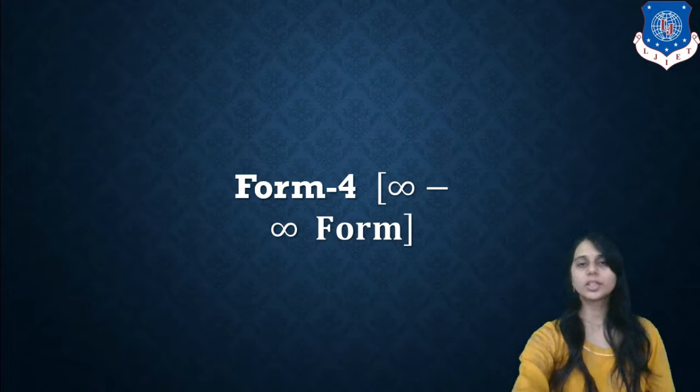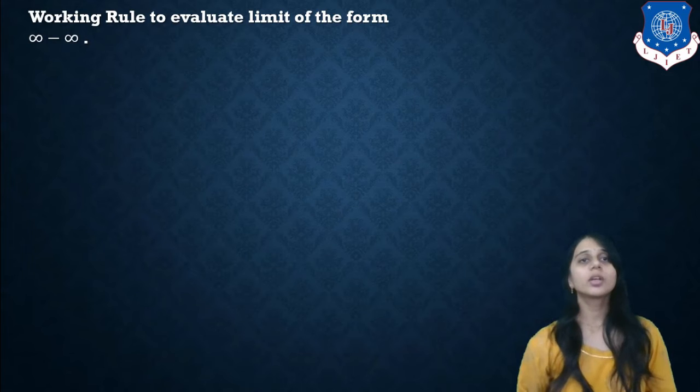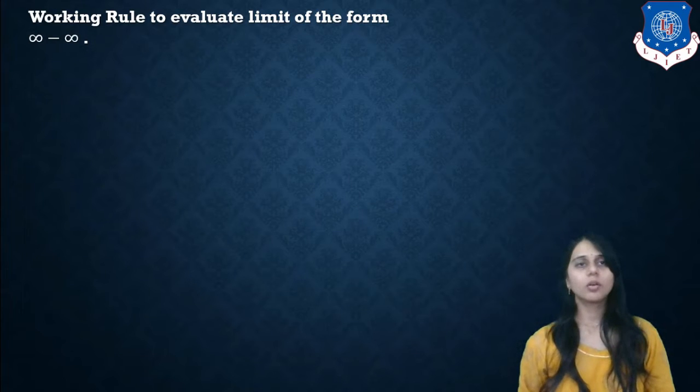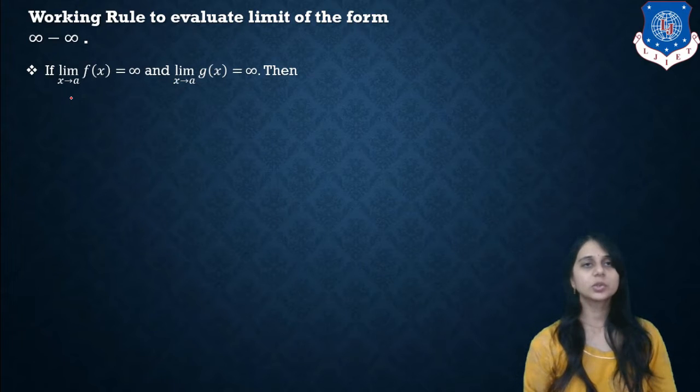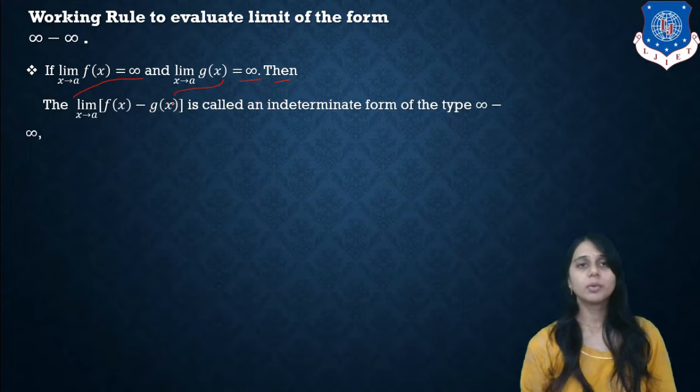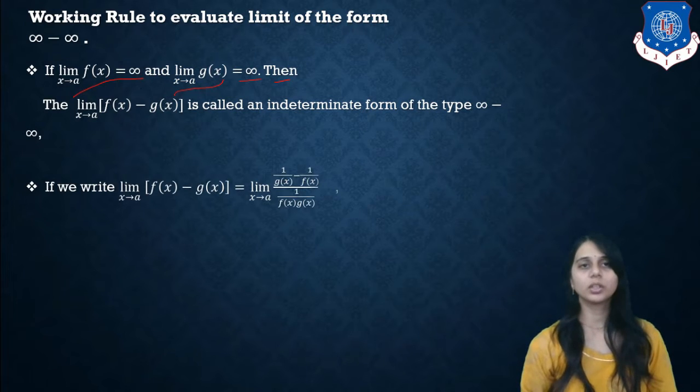Form number 4 is the infinity minus infinity form. Working rule to evaluate a limit of the form infinity minus infinity: if limit x tends to a of f(x) equals infinity and limit x tends to a of g(x) equals infinity, then limit of f(x) minus g(x) is called the indeterminate form infinity minus infinity.